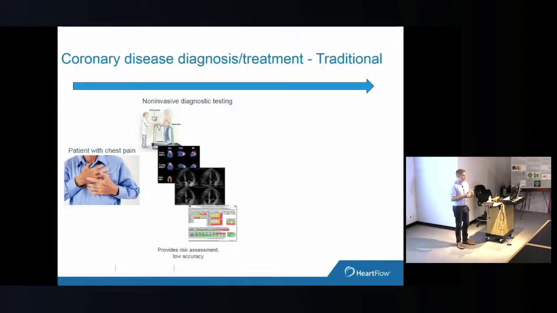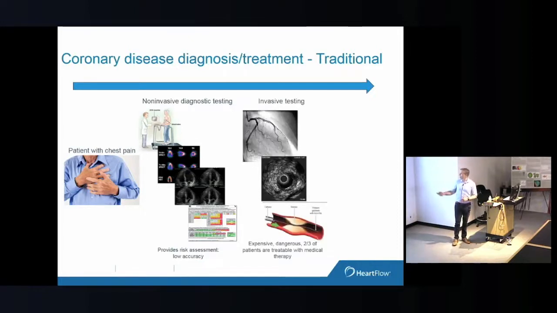If there's any indication of coronary artery disease, the patient is often sent for an invasive test, which is usually an angiogram, but can be other invasive tests like an IVUS or a pressure measurement. These tests are expensive, they can be dangerous, and most of the time when these invasive tests are done, it's found that the patient does not have obstructive coronary artery disease, about 2/3 of the time based on the available data.